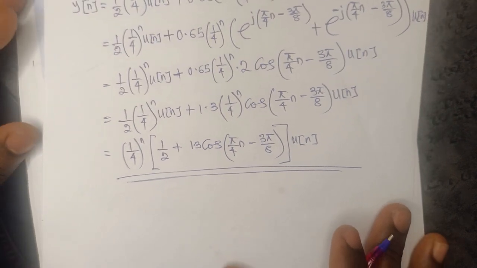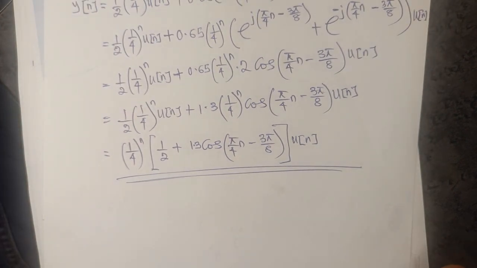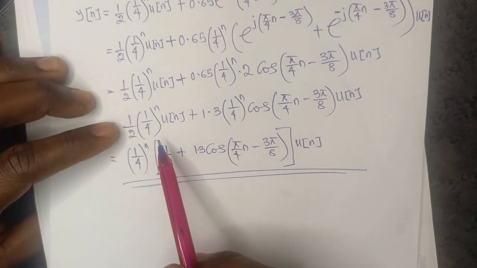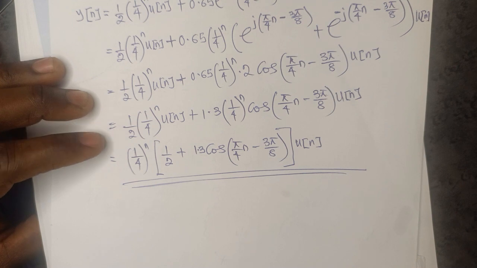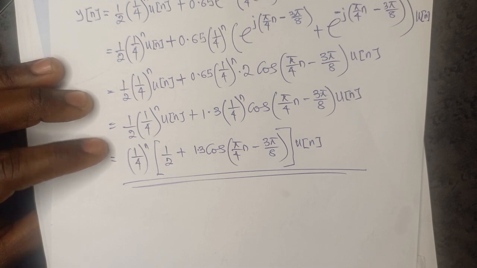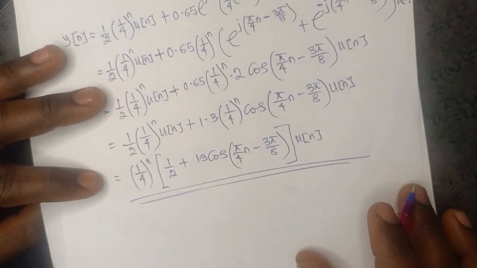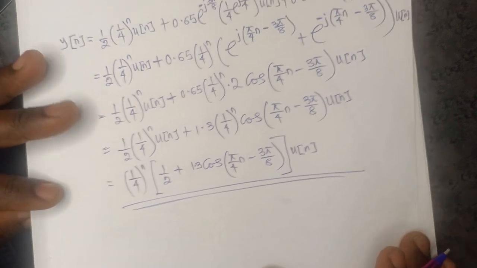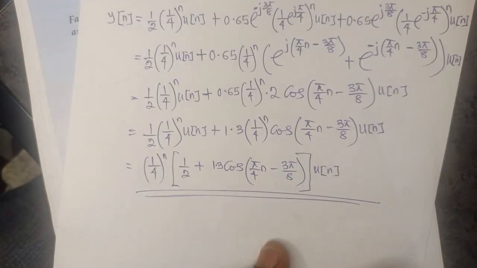I believe this is clear. Oh, we should not forget that we still have 1 over 2 somewhere around there. So this is our final answer.